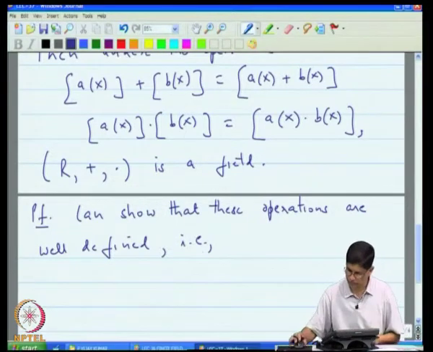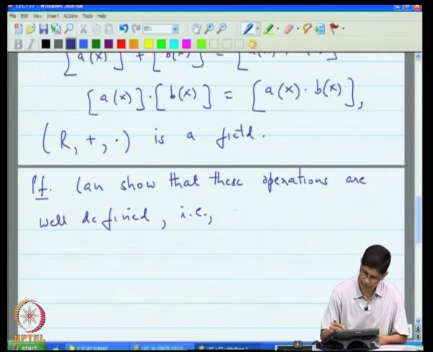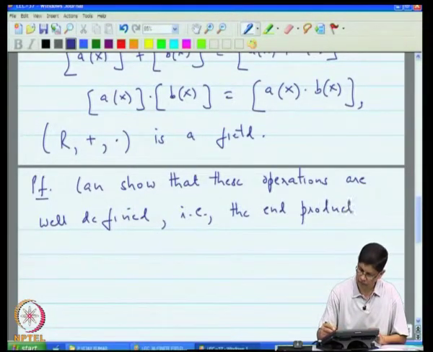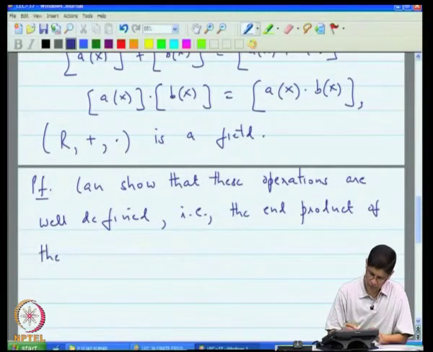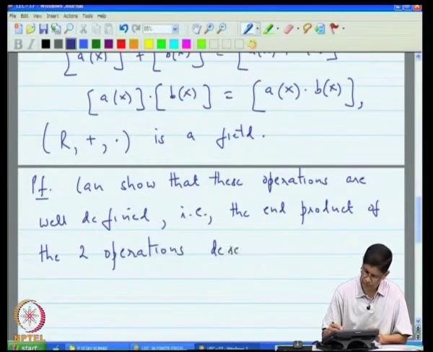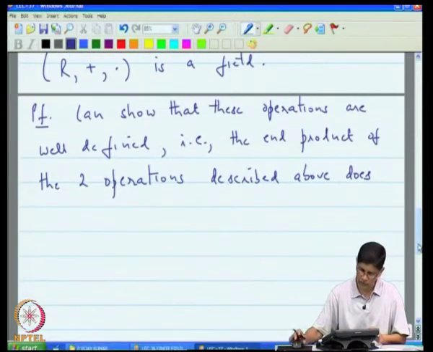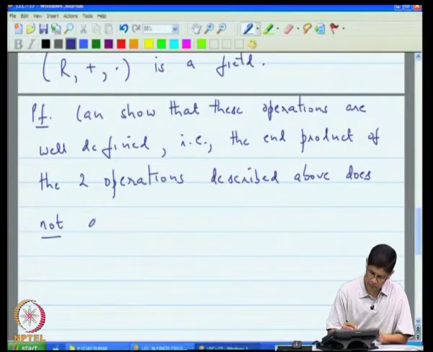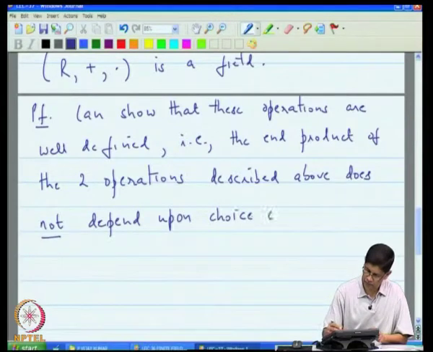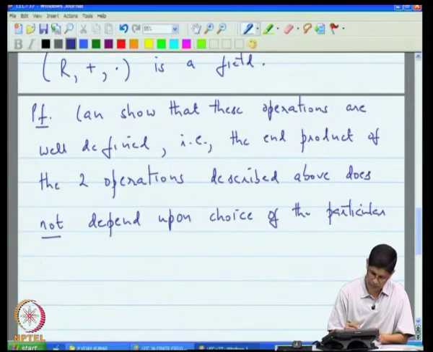In other words, i.e., the end product of the two operations described above does not depend upon the choice of the particular representative.